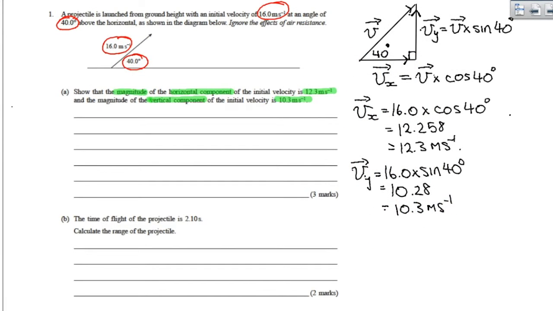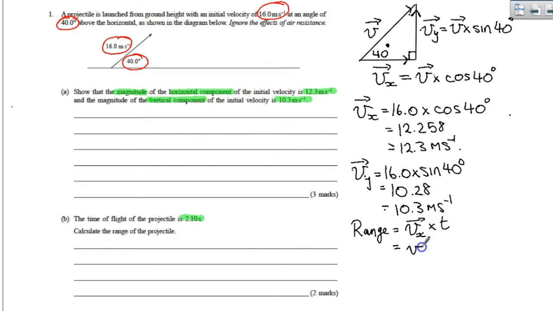For this part of the question, we're asked to determine the range of the projectile. To do so, I'm going to use the horizontal component and the time of flight, which is 2.10 seconds. So the range is going to be equal to the horizontal component, Vx, times the time of flight.